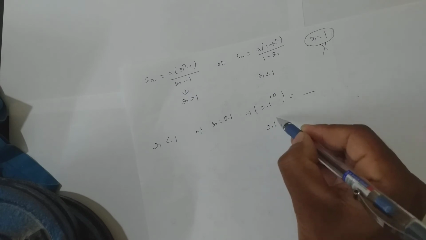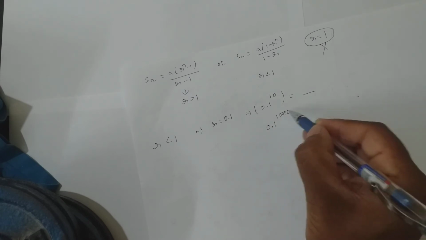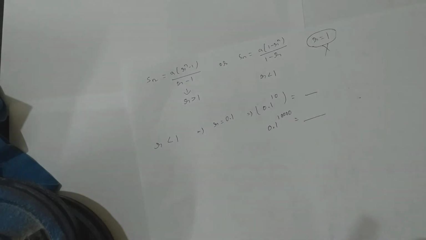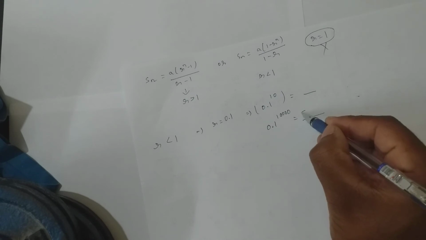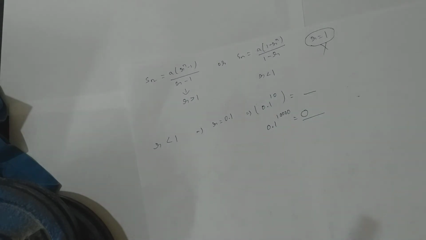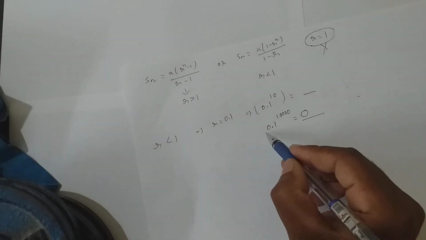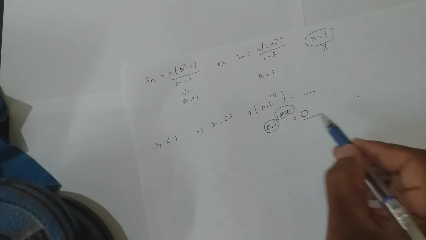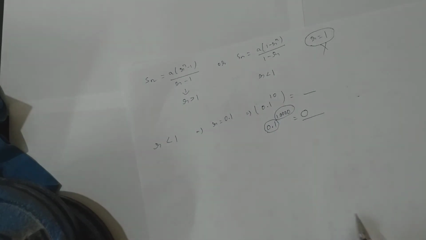If I put 0.1 power 100, 1000, 10,000, this answer will be so small that the calculator will assume it and show it to be 0. Clear? So whenever r is less than 1 and you put a very big power on it, it closes to 0.